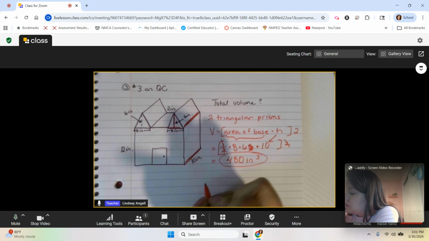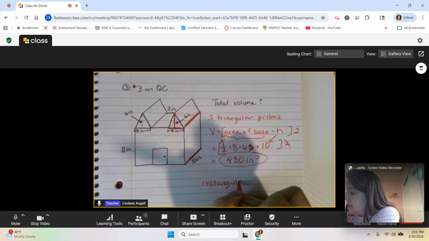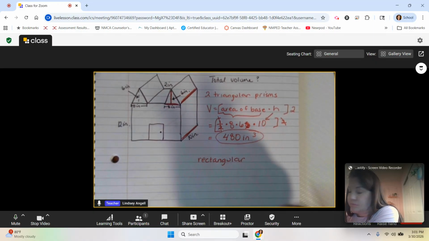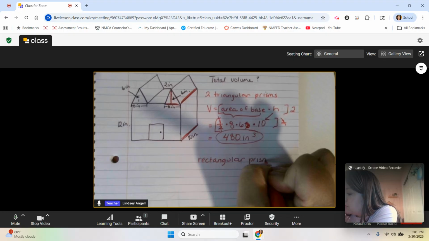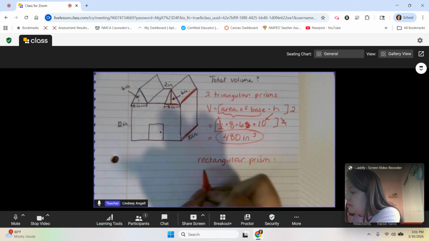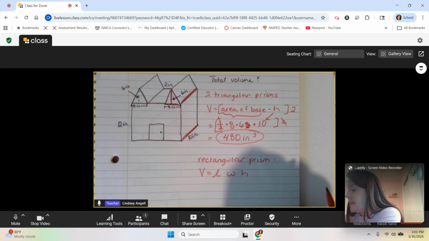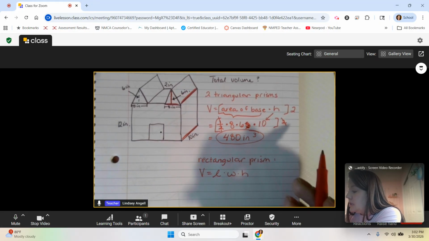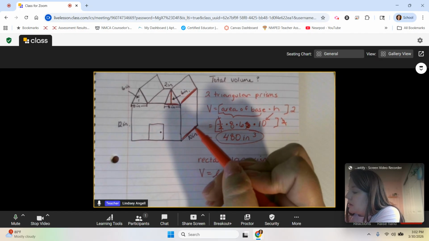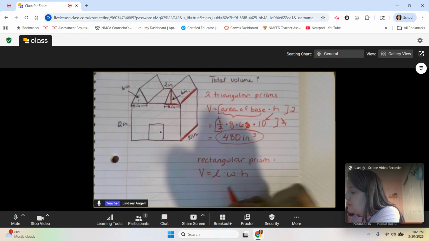But now we need to do the rectangular prism as well. Well, the volume of a rectangular prism is length times width times height. Now, we know, let's see, I called this the width earlier, so we'll keep that. That's 10 inches.